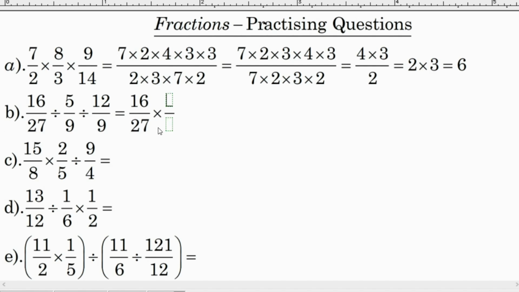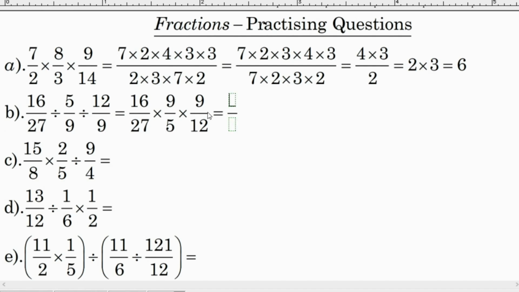So we flip 9/5 to 5/9, and then here we also change the sign from division to multiplication and flip 9/12 to 12/9.